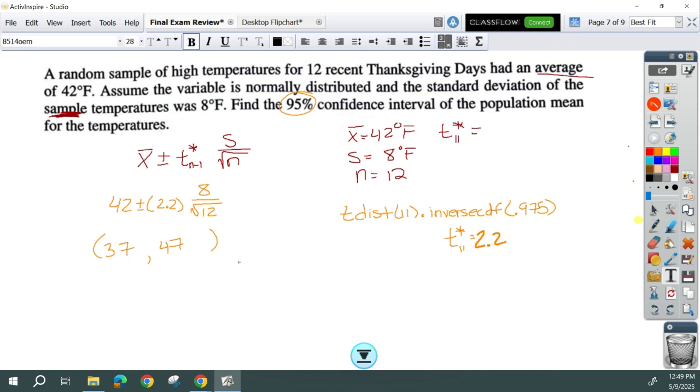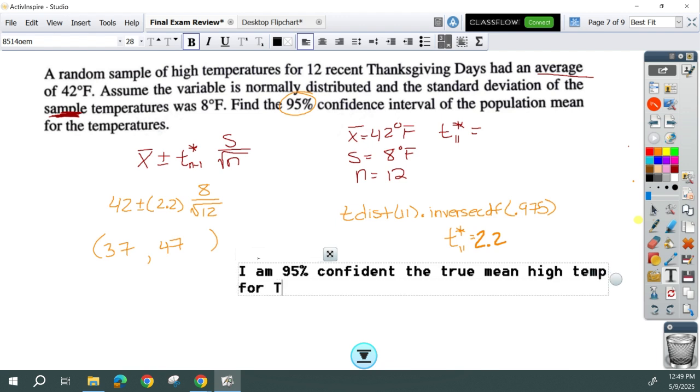And then I am going to type my conclusion. Again, I am 95% confident the true mean, we're talking about mean, and then we'll say high temperatures for Thanksgiving is between 37 degrees and 47 degrees.